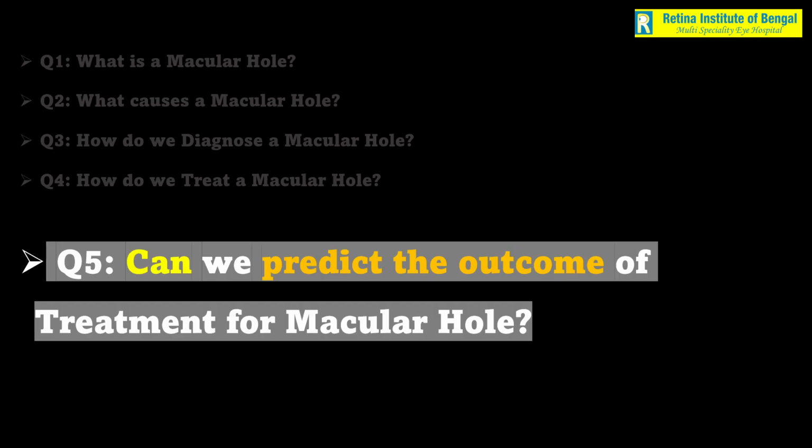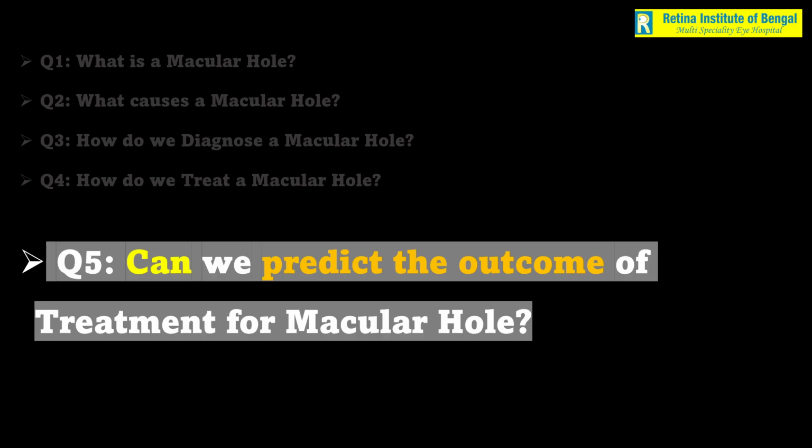There was a suggestion that in stage 2 macular hole, there may be some drugs which can induce vitreous separation like ocriplasmin, and you can try them to close the macular hole in a non-surgical manner, but ocriplasmin never really became popular and anyway it is not available in India. So practically we don't treat in stage 1, but stage 2 onwards we do surgery.